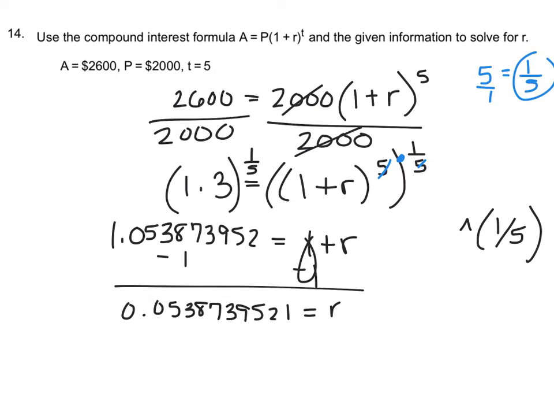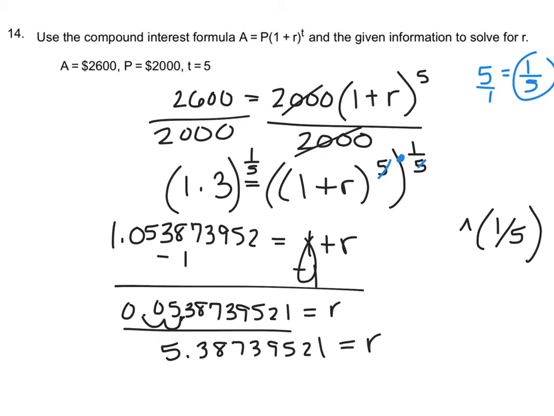So you'll multiply that decimal by 100, or you can move the decimal 2 places to the right. When you do that, you get 5.3873951. And R is our interest rate, and we want to round to the nearest hundredth. This means 2 decimal places.